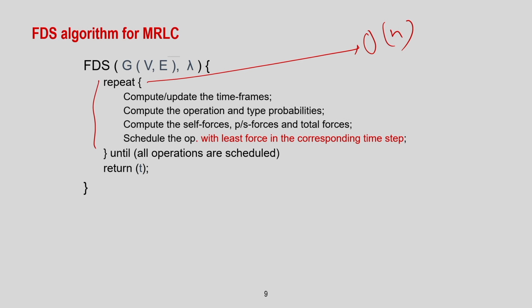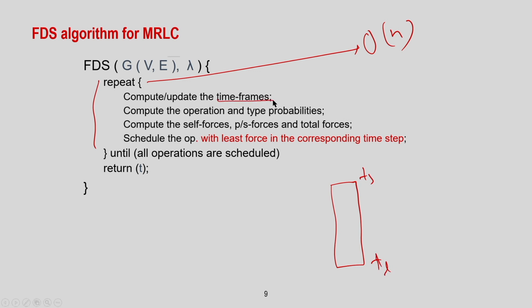Okay. And then what am I going to do inside this loop? The idea is very interesting. You already remember that for every node there is a range where it can be scheduled, which is Ts to TL, right, that we already understood. So, this is the time frame.